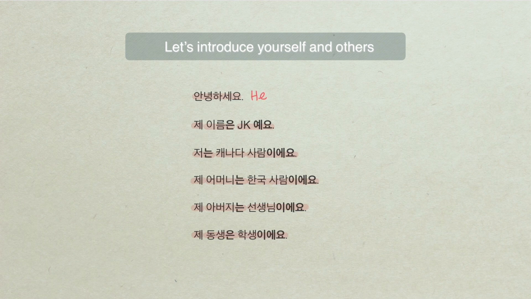안녕하세요. Hello. 제 이름은 JK예요. My 이름 name, JK is the name. So 제 이름은 JK예요. My name is JK. 저는 캐나다 사람이에요. I am Canadian. 제 어머니는 my mom, 한국 사람 Korean.